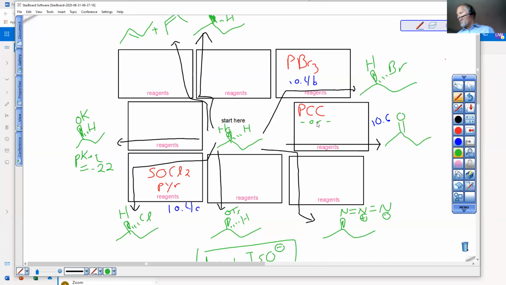Or you can use the chromic acids that we looked at. CrO3, comma, H2SO4 in water.